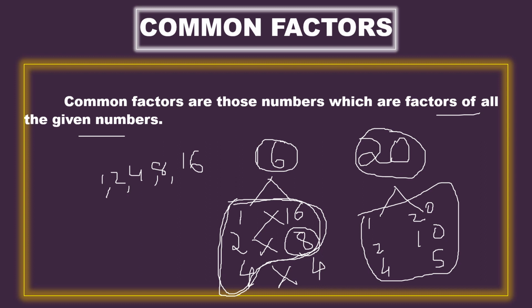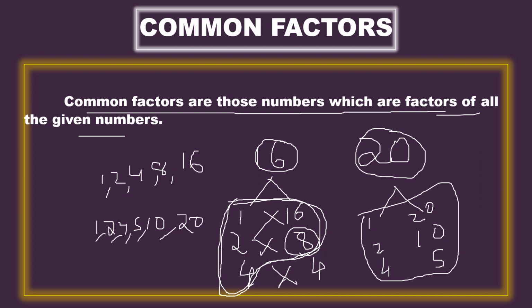Now we found the factors of the given numbers. Common factors are those numbers which are factors of all the given numbers, so we should round up the common factors from these two numbers. First I wrote the factors of 16 and then the factors of 20.